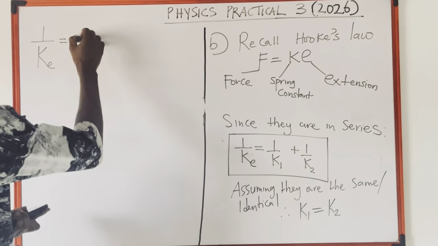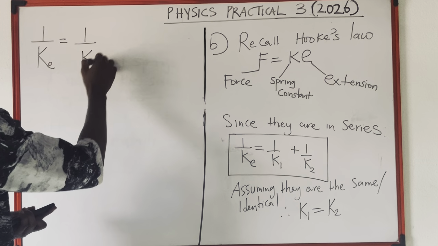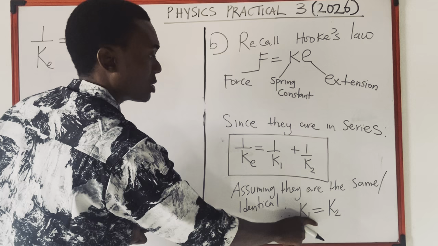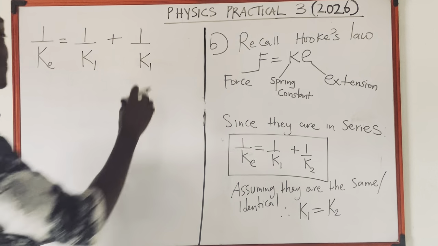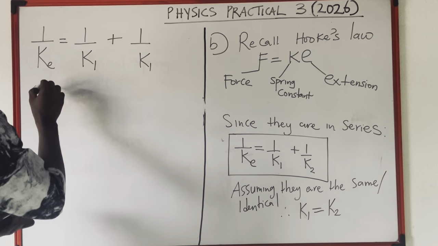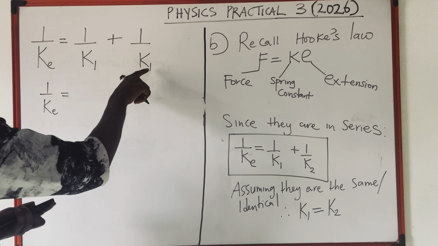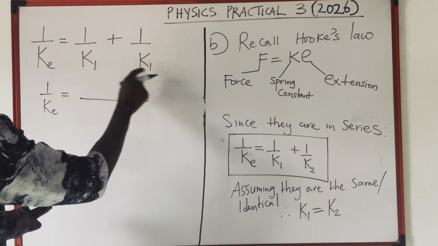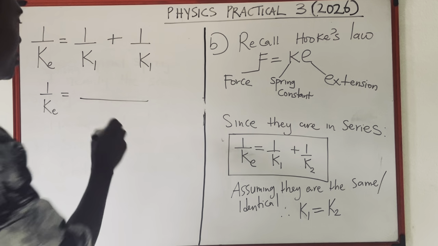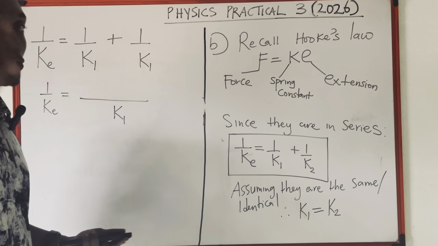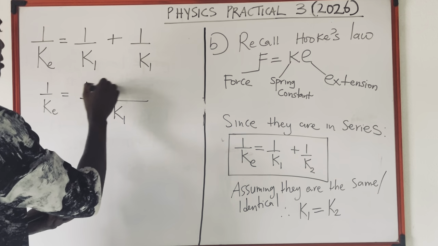So 1 over K1 plus 1 over K1. The LCM of K1 and K1 will give us K1.